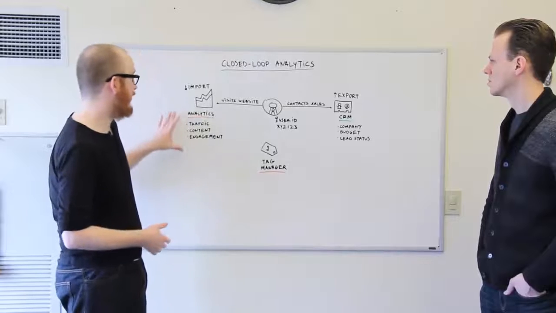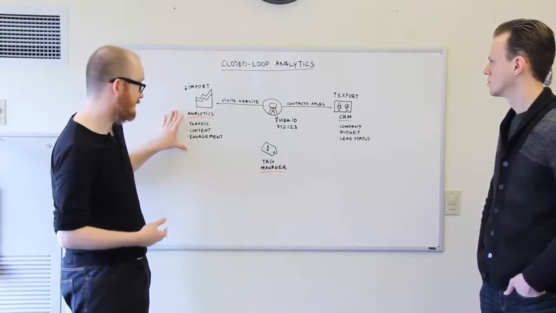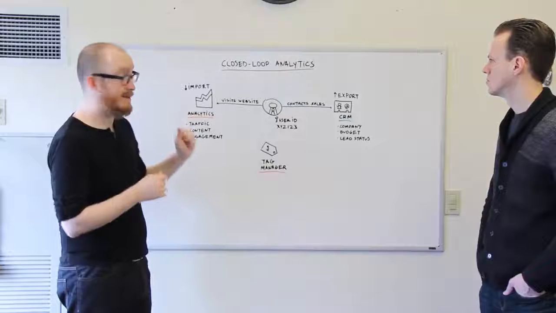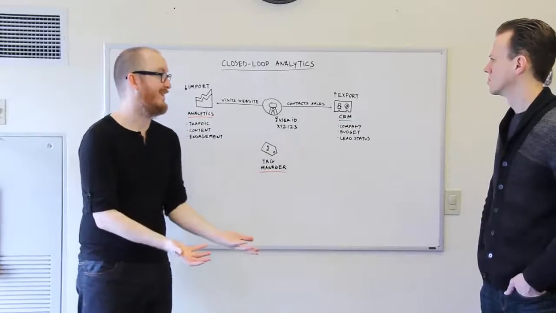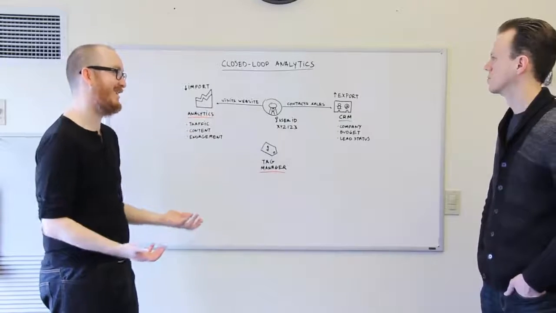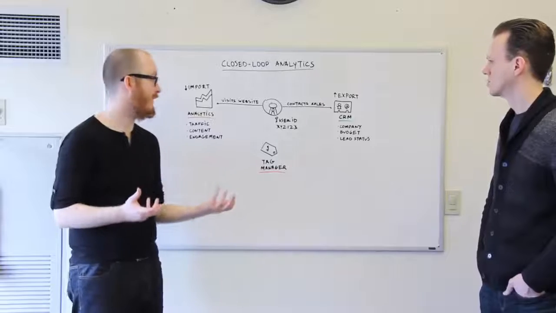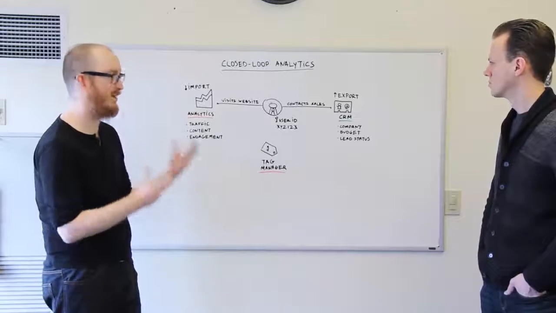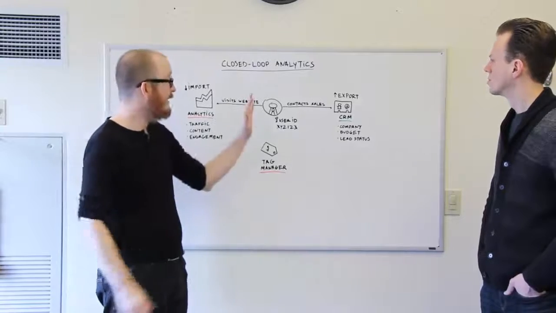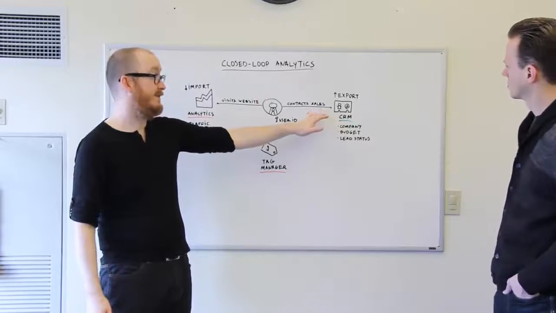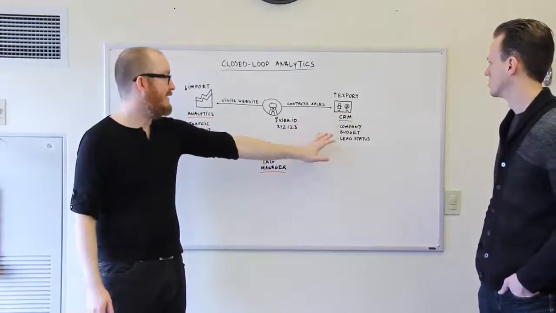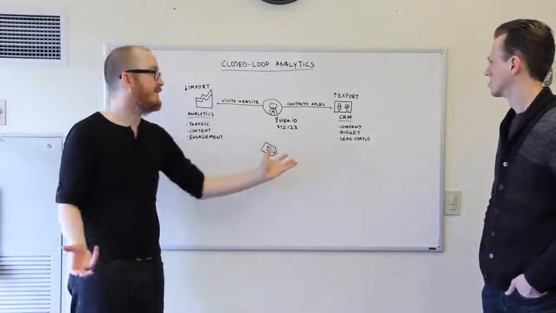So you have all of this great analytics data on one side, but then let's say they fill out a form on your site, right? Because you've done all this work to educate them and now they're interested and they want to learn more about your business, your product or service. So they contact sales, they fill out the sales form on your site. That sales form has a bunch of different fields, right?